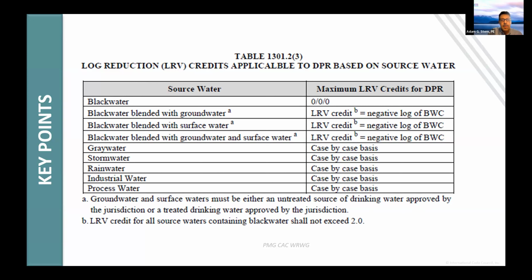So instead of an 18, 15, 15, you're looking at 17, 14, 14. Now you math folks out there can ask, well, what happens if we have 0.00001% of black water at some point? We don't need to treat it all. Well, no, because we maximized that credit at 2 logs. So it's pretty modest. Next slide.